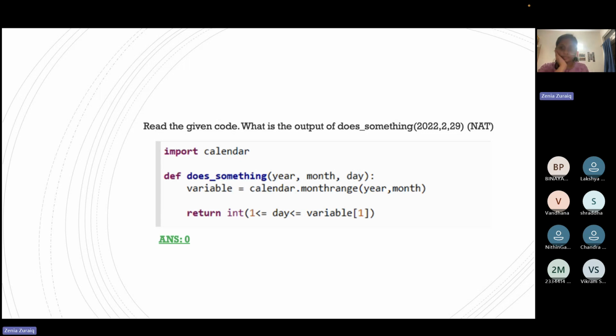Exactly, so it's not a leap year. Can you explain what this code is actually doing? When you say it's not a leap year, why is that relevant to this code?